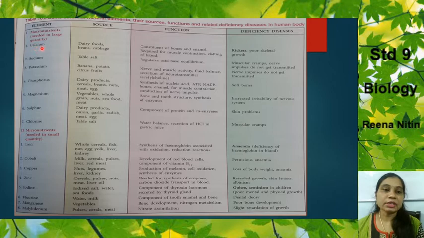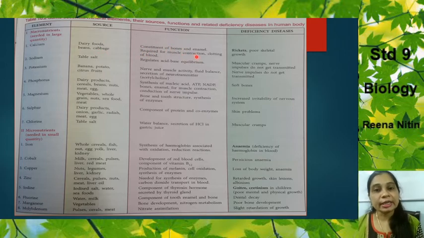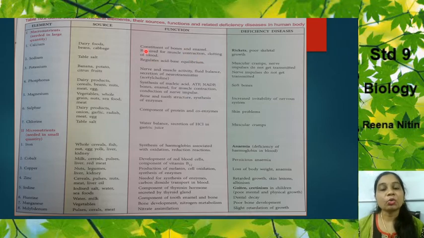The first one is calcium. The source is dairy foods, that is milk products, beans, cabbage, etc. Its function is as a constituent of bones and the enamel of the teeth. It is required for muscle contraction and clotting of blood. The deficiency disease is rickets, or poor skeletal growth of the child.